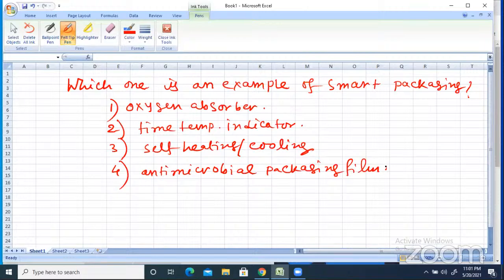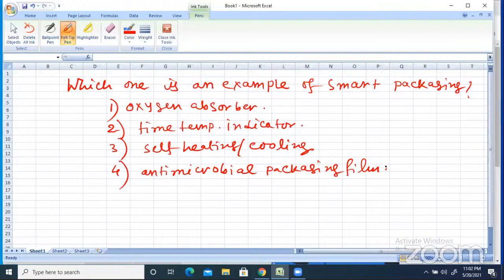Time temperature indicator. Others are coming under active packaging, so TTI will be the intelligent packaging. Smart means intelligent. Active packaging is a system that changes the condition of the packaging environment to extend the shelf life, to improve safety or the sensory properties of food.